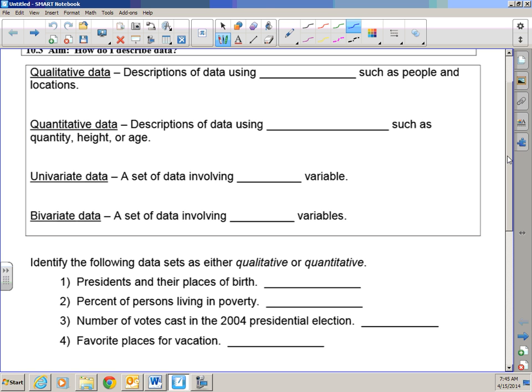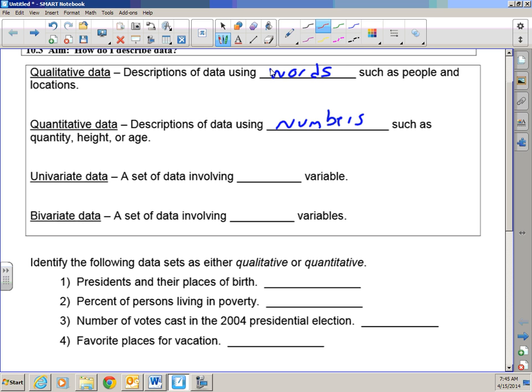Qualitative, we're talking about the quality, and we're describing data by using words, while quantitative, we're using numbers. So in one sense, we're talking about the quality of something, and in the other, its numerical value.